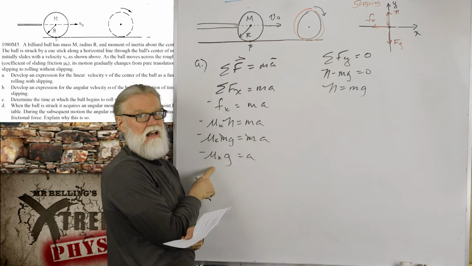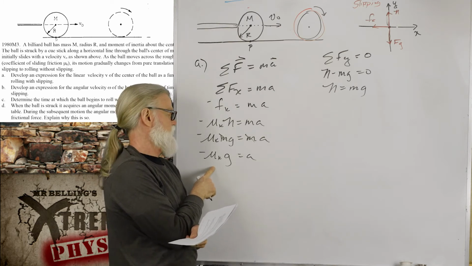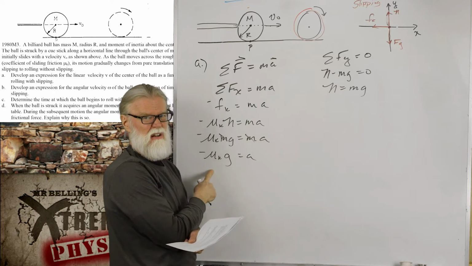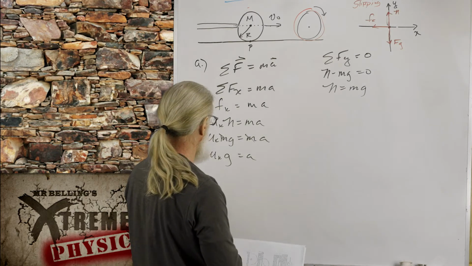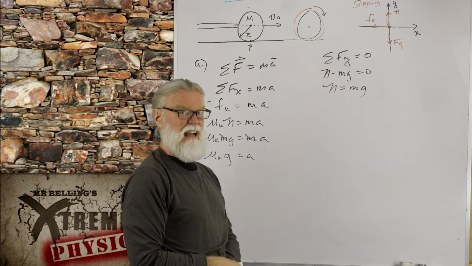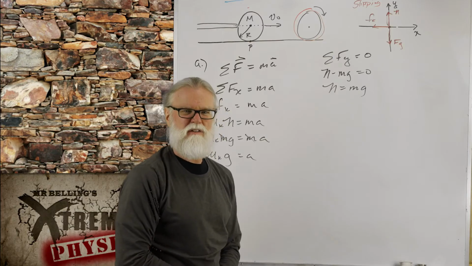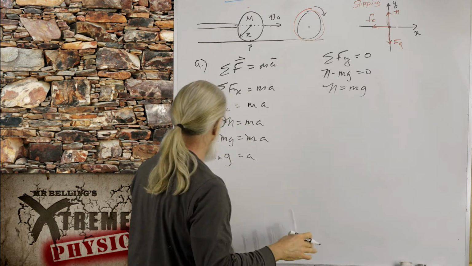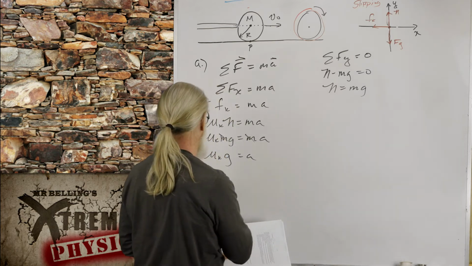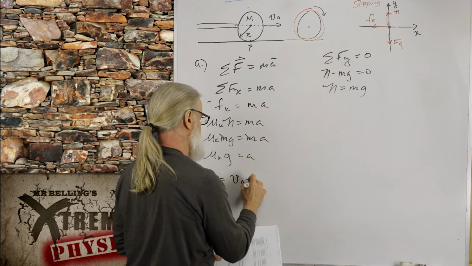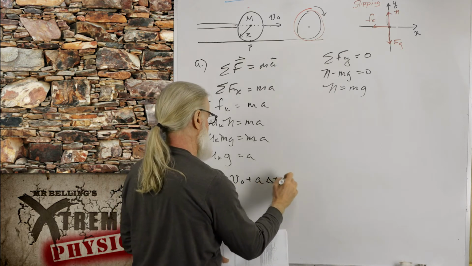Now, what can I tell about that acceleration? Well, g doesn't change, and nor does mu k. So therefore, this is a constant acceleration, and we can use the kinematics equations. I think we'll use this one: v1 equals v0 plus acceleration times the time interval.